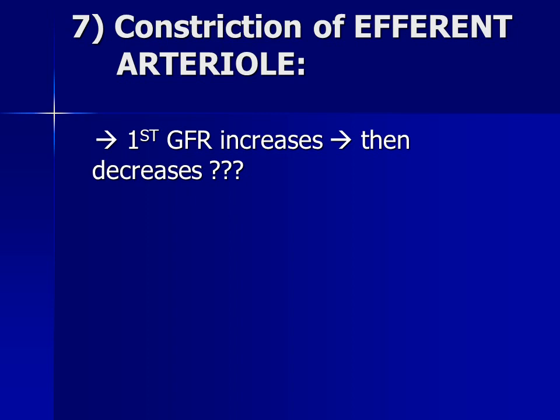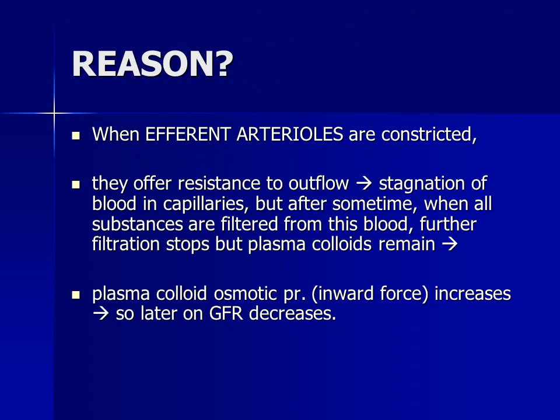First it increases the GFR, and then it decreases the GFR, and that is basically because initial constriction of the efferent arterioles offers resistance to the outflow, and this causes stagnation of blood in the capillaries and increases the glomerular hydrostatic pressure, which leads to an increase in the GFR.